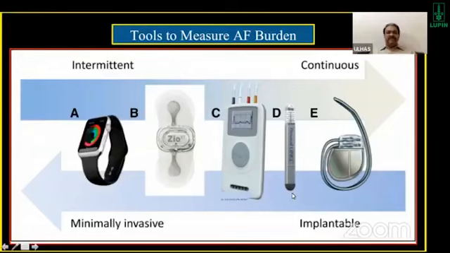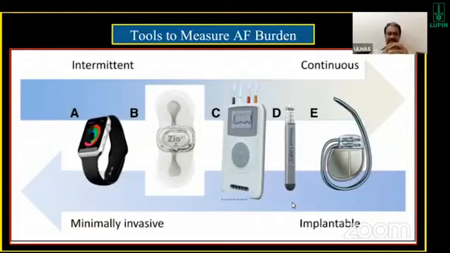This is known as an implantable loop recorder, which is a small capsule size which could be injected under the skin, and it has a battery which could last for almost 2.5 to 3 years, and it is continuously connected remotely to the physician. But because of its invasive nature and because of its expense, presently it is impractical to recommend this kind of a device only to assess the AF burden.